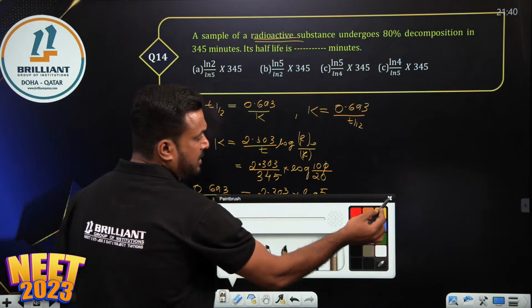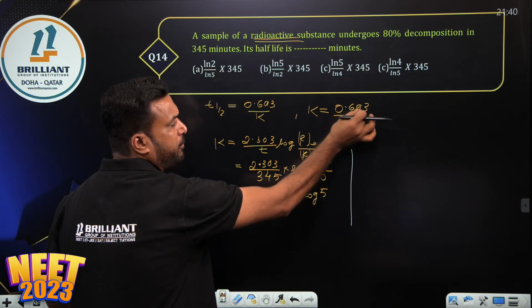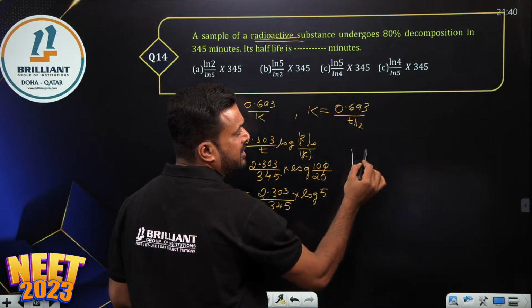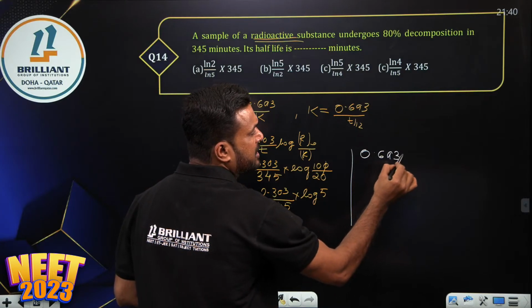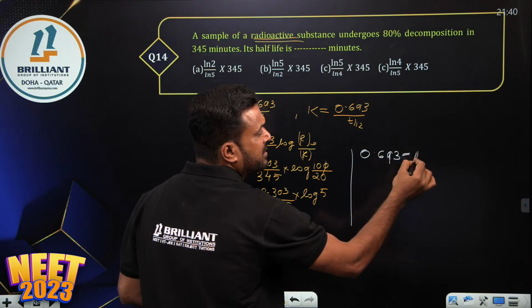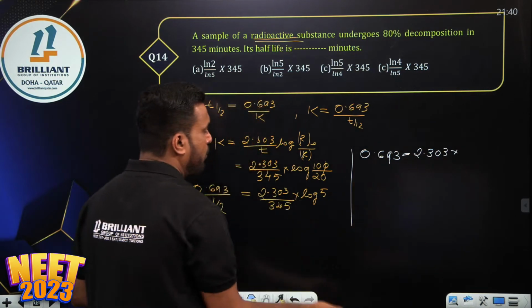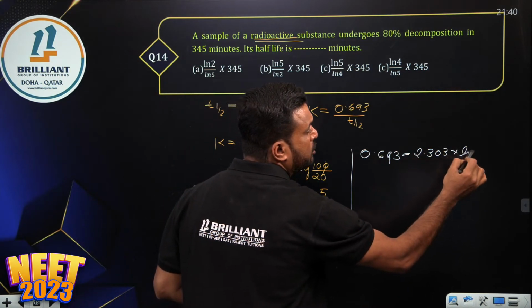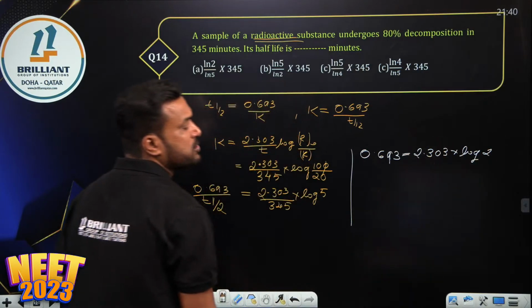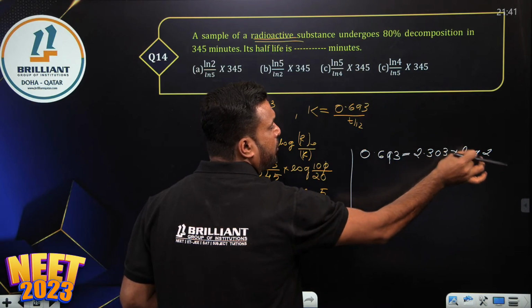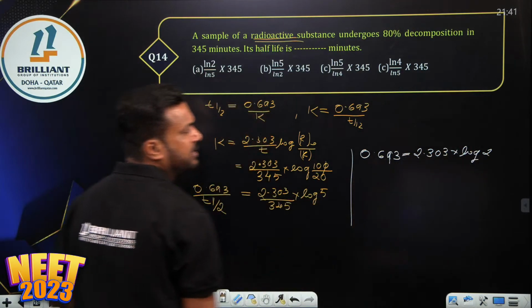Listen. When we derive the equation 0.693 by T half, how did the 0.693 value come? 0.693 is nothing but 2.303 into log 2, because log 2 is 0.3010, and 2.303 into 0.3010 is 0.693.